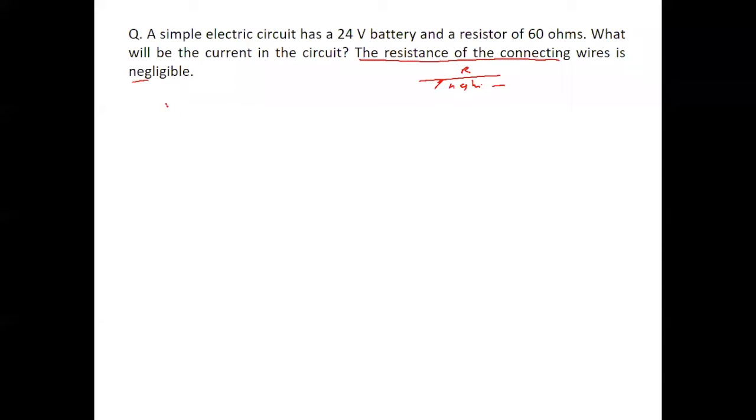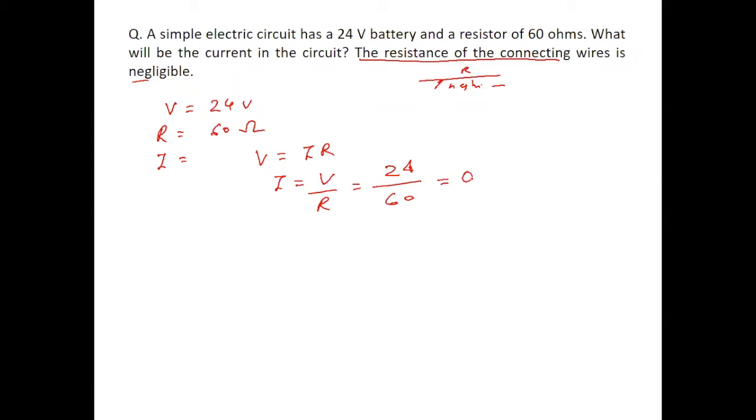So here we know 24 volt and resistance is 60 ohm. What is the current? We know that V equal to IR, I equal to V by R. V is 24 and R is 60. How much? 0.4. Good.